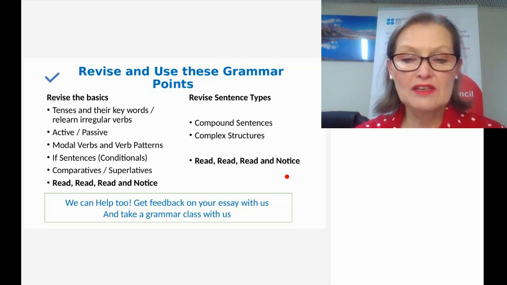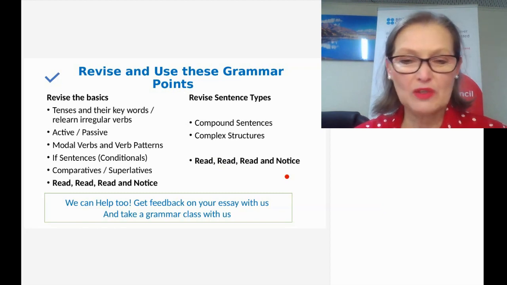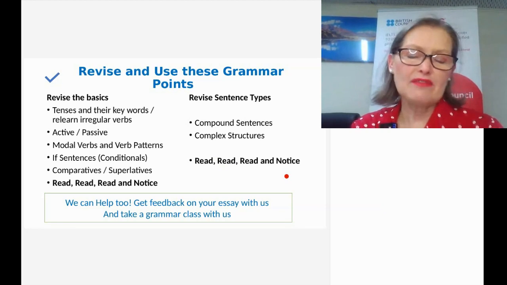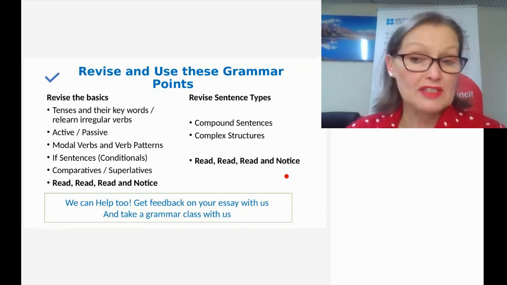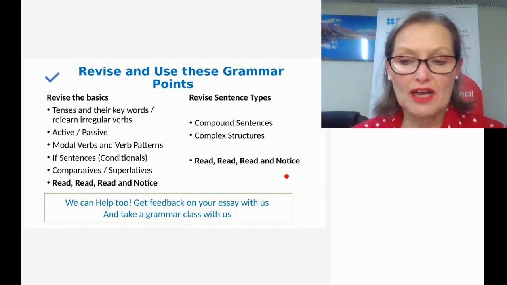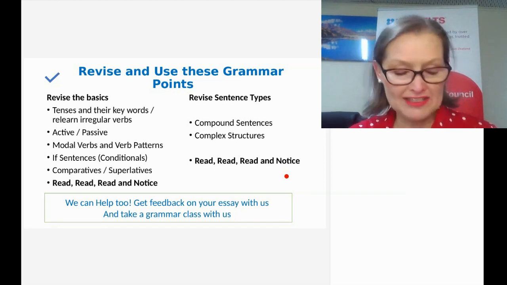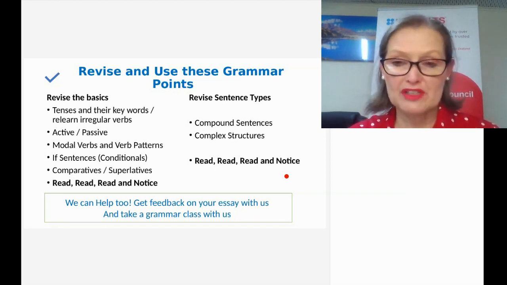And once again, read, read, read. And go to the library, take out magazines like Reader's Digest, like a science, an everyday science magazine or an everyday psychology magazine. There are plenty on the shelves, and read across a variety of different topics and collect phrases and vocabulary that you like.